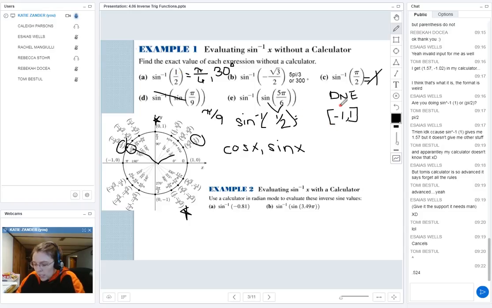Is pi over 6 the same thing as 0.52? It is. Okay, good. Questions with how we got part E there? So doing sine of 5 pi over 6 first before we applied the inverse of that.